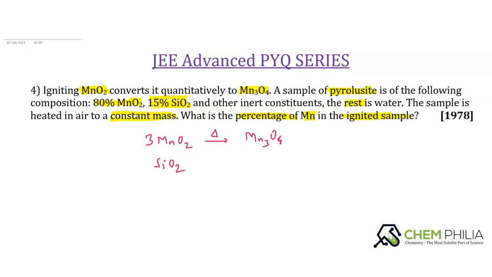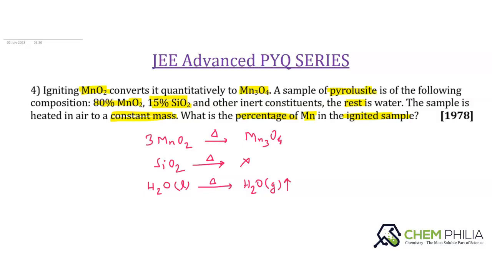SiO2, when it is heated, no change takes place, while H2O, which is in liquid state, upon heating remains H2O, but its state is changed. It is converted from liquid to gas. Clear? And since it is converted into gaseous state, it evaporates.